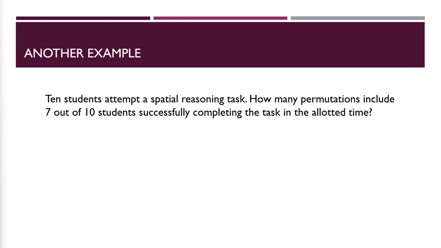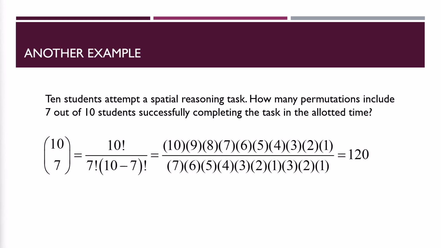I don't want to draw all those permutations and count, so I'm going to use the binomial coefficient. We have 10 choose 7, which is 10 factorial divided by the product of 7 factorial and 3 factorial. This yields 120 different ways in which we can have 7 successes out of 10 trials.